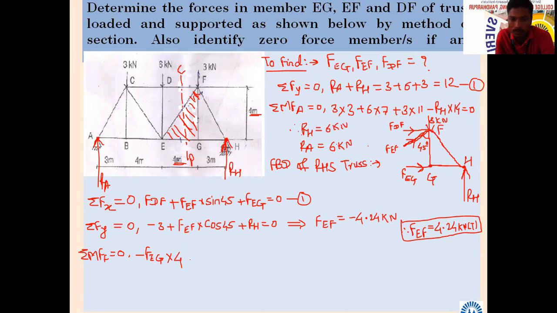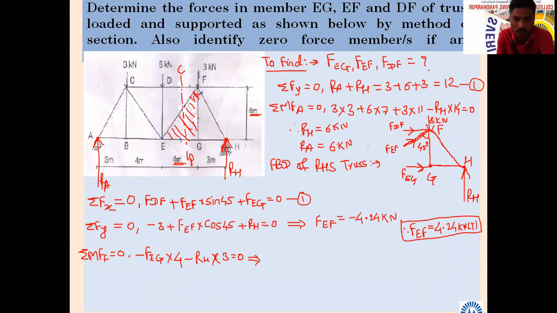What about RH? How will moment generate with respect to point F due to RH? Again anti-clockwise. So RH into what is the perpendicular distance? 3 meter. It will be 3 RH equal to 0.